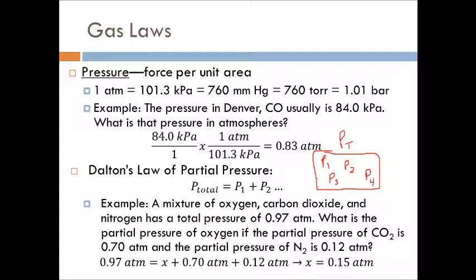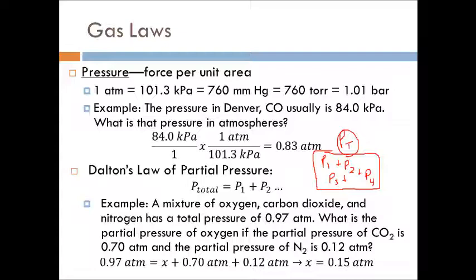If we have a fourth gas in there, all of these pressures together, so we add these up, that would equal the total pressure here. Okay? So it gives you pressure 1 and pressure 2, but you can have as many pressures as you need. So it's a sum of all the pressures equals the total.